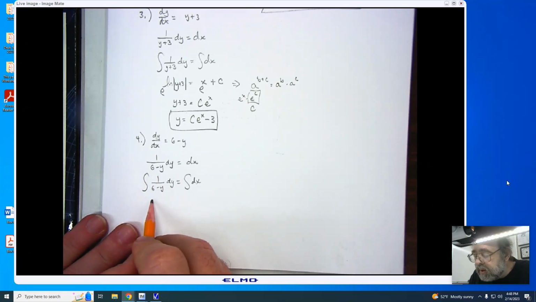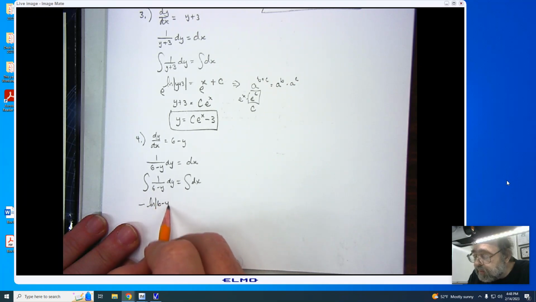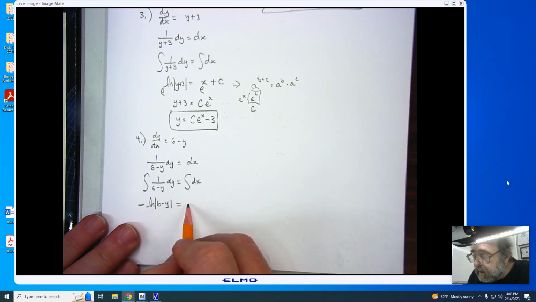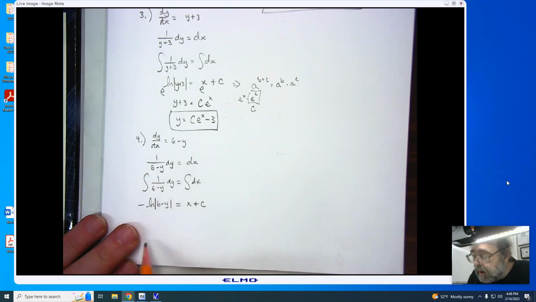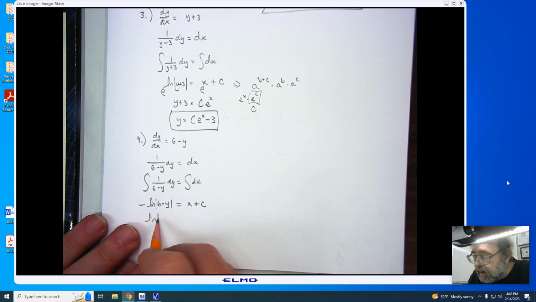And here, when we use our u-sub, we're going to get a negative, and therefore we have the negative natural log of 6 minus y equals x plus c. I'm going to multiply my negative to both sides so that I get the natural log of 6 minus y equals negative x plus c.